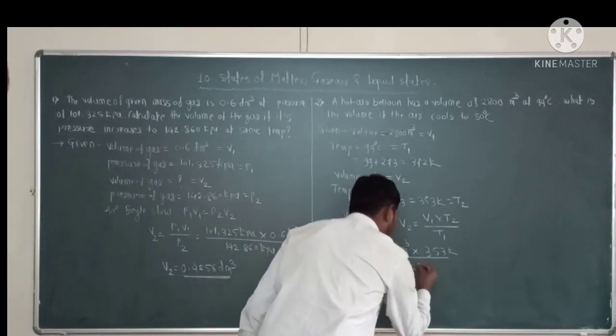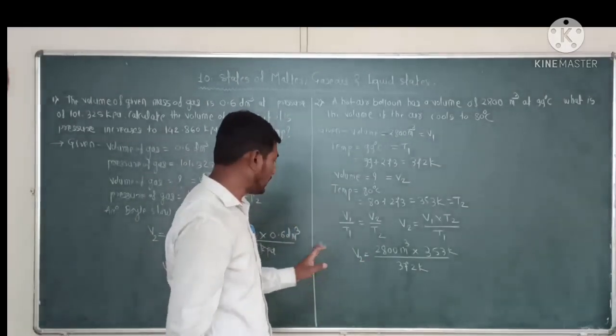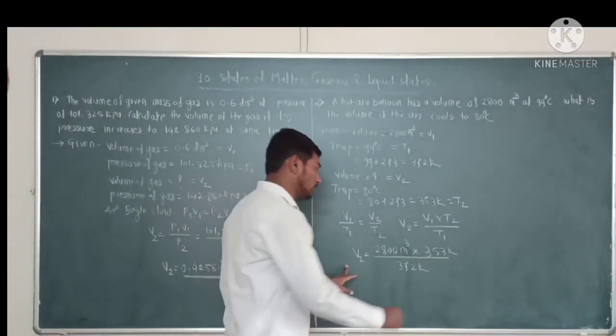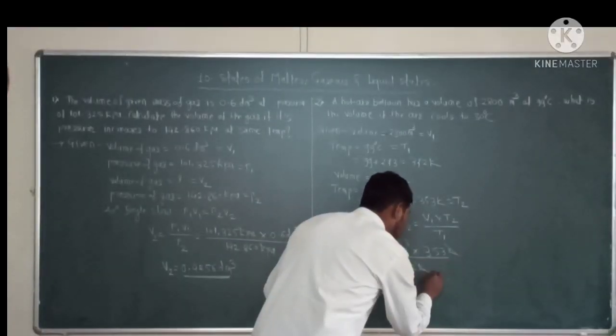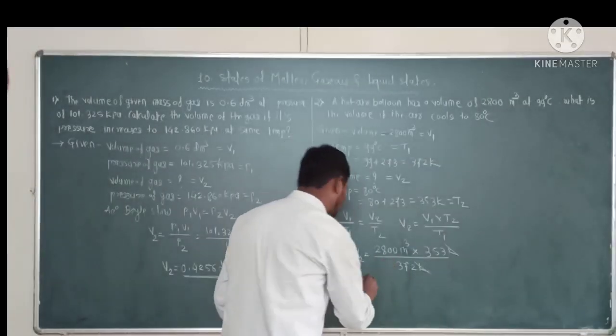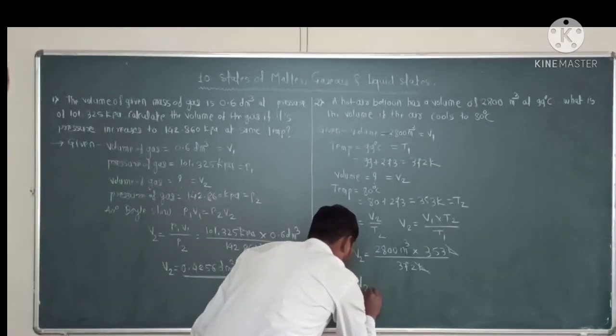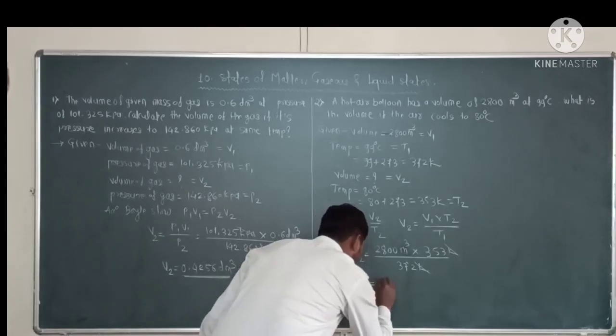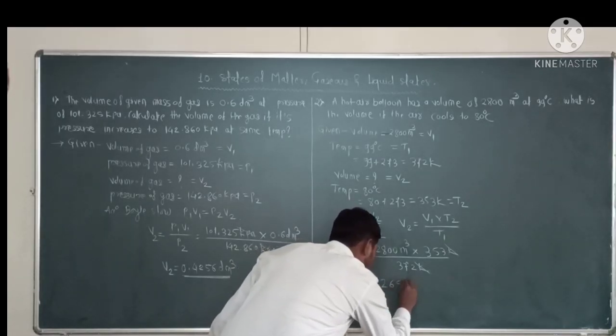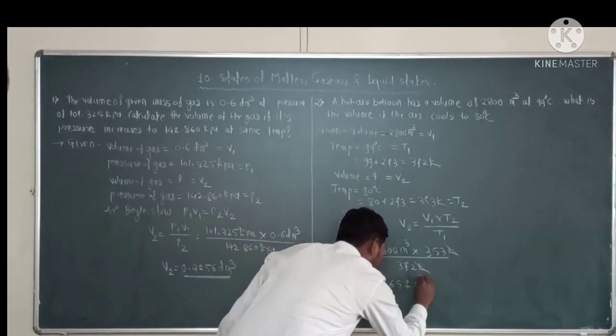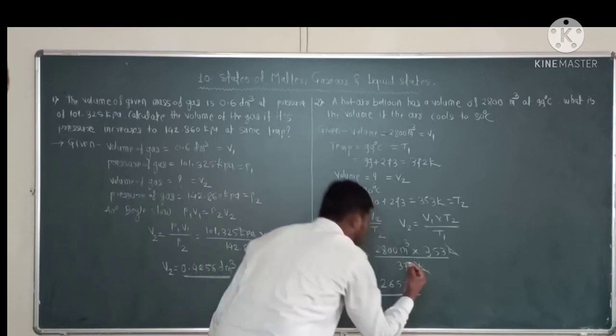Solve this equation; Kelvin gets cancelled, and the final answer is V2 is equal to 2657 cubic meter. This is the final answer.